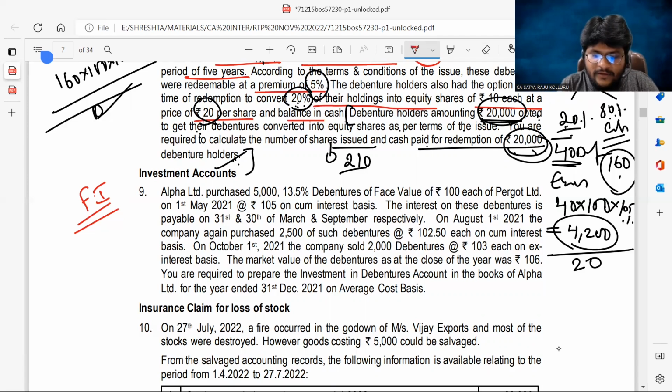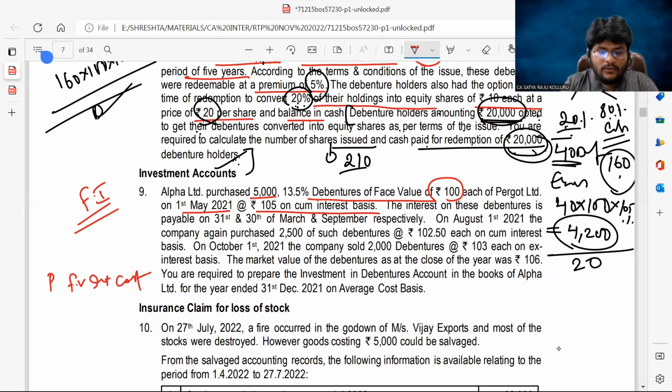Alpha Limited purchased 5,000, 13.5% debentures of face value 100 each of Pargot Limited on 1st May 2021 at the rate of 105 on cum interest basis. Investment accounts, in your mind, the format should come: particulars, quotation price, face value, interest, cost.